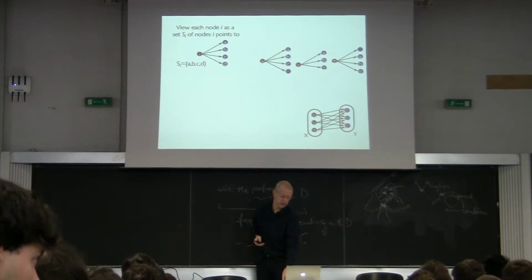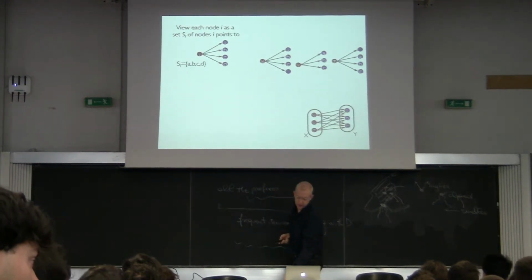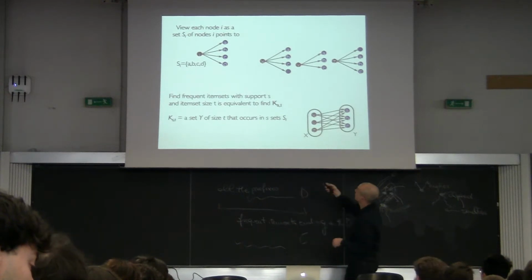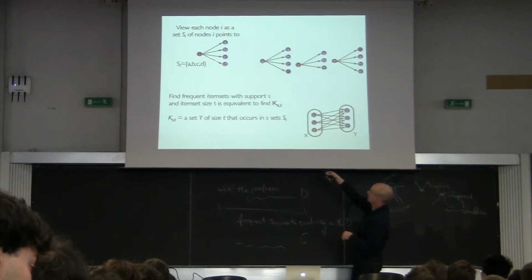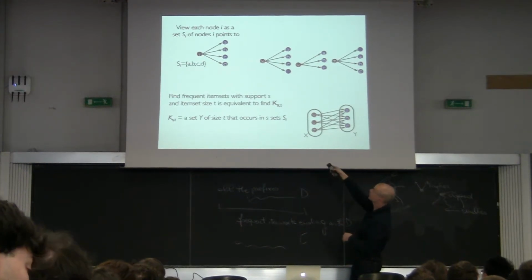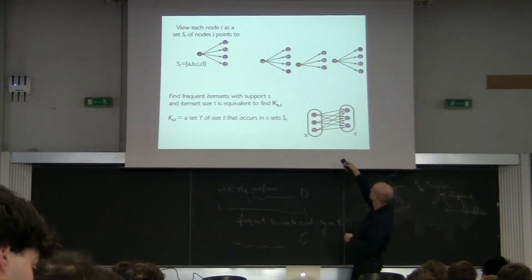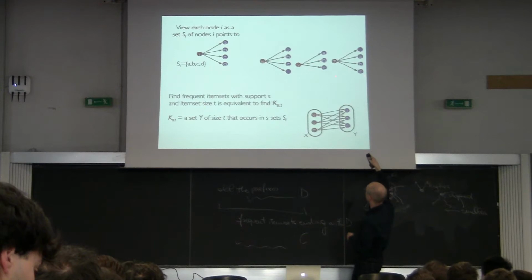So what happens is that I model every person, identified with a small subgraph, as a different transaction. This is a transaction, another transaction, another transaction.